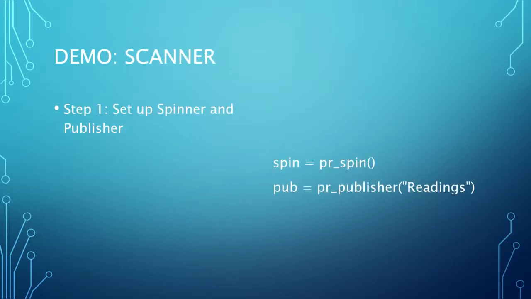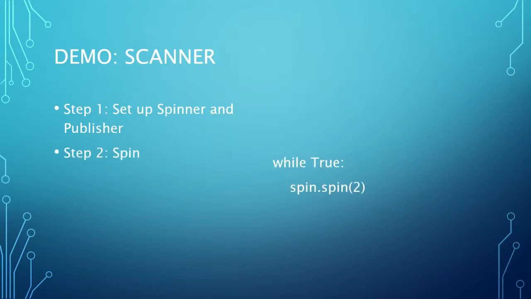The scanner works as follows. The first thing we do is set up a spin object and a publisher object. The code to do this is on the right. The next thing we do is start an infinite loop and control its frequency via the spin option.